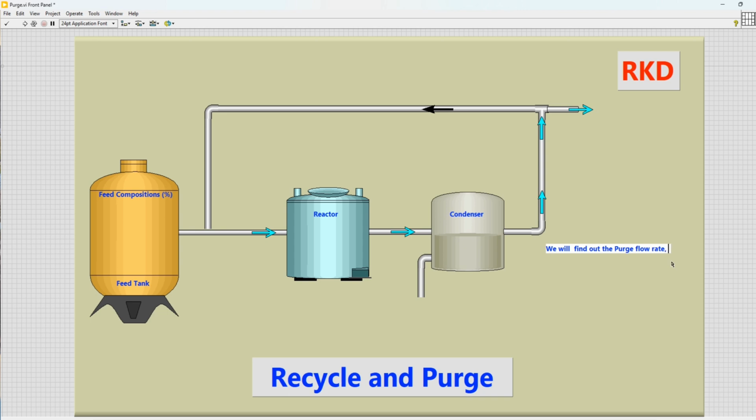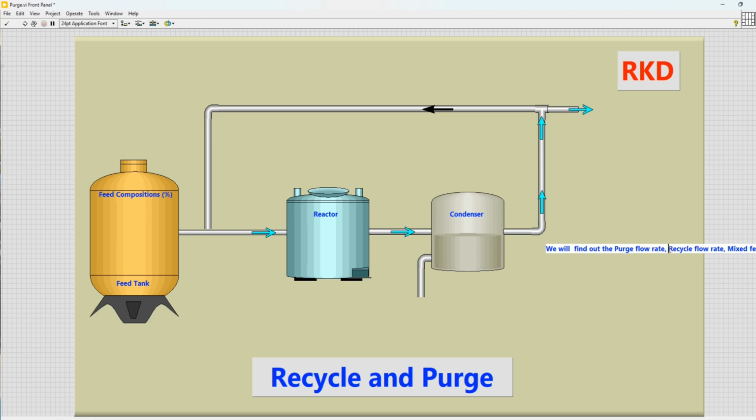Then some recycle flow rate. Then what is the mixed stream flow rate? Mixed feed flow rate.